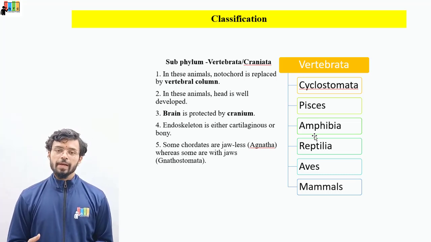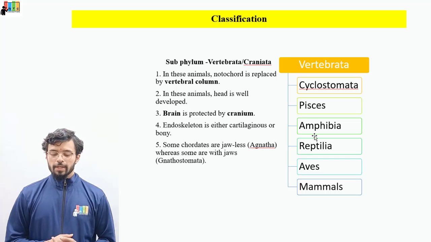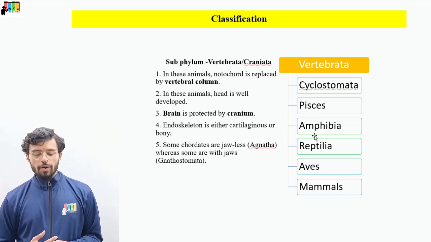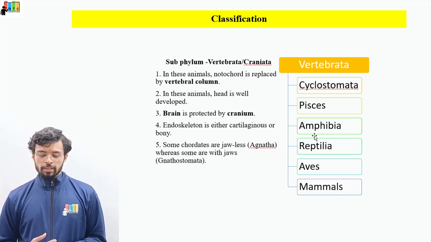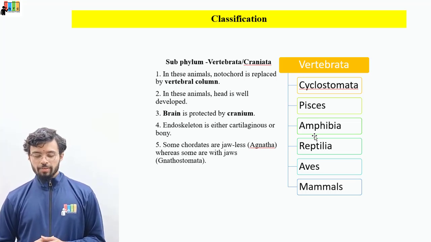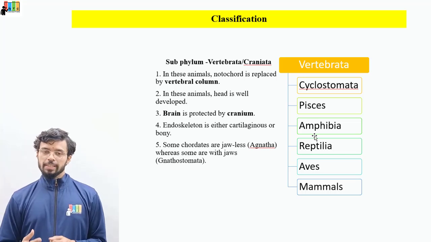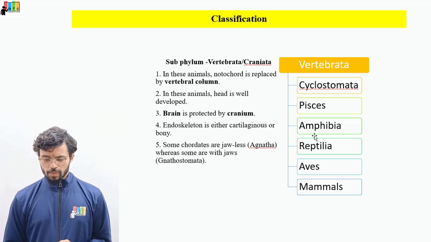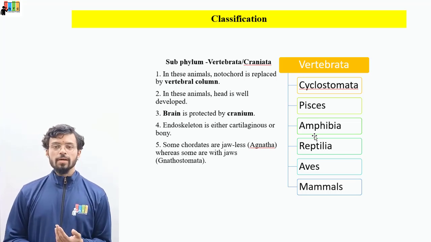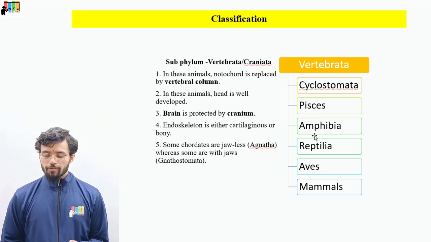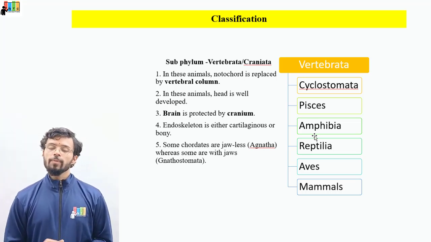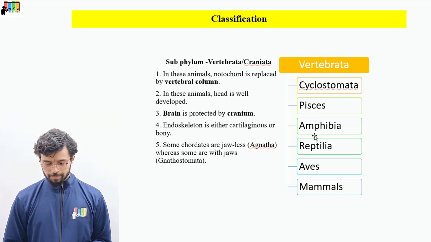Brain is protected by a cranium or the skull. Endoskeleton is either cartilaginous or bony, and some chordates are jawless, that is agnatha, right? And some are present with jaw, that is gnathostomata, like sharks. So the six classes are cyclostomata, Pisces, amphibians, reptilia, aves, and mammals. So let us see all of them one by one.